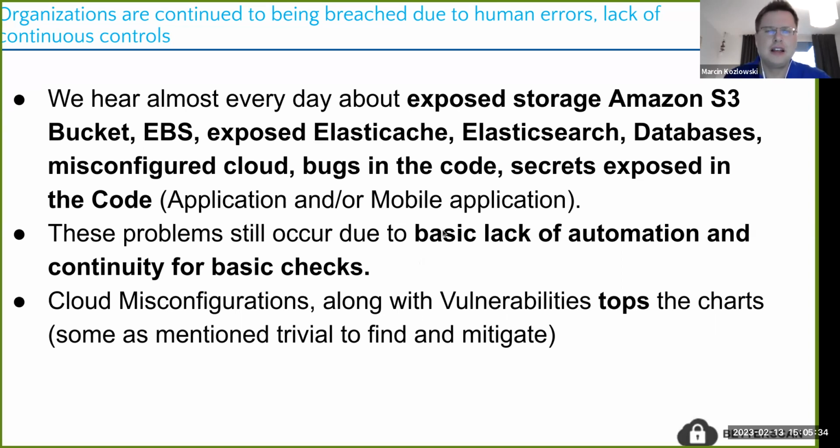I read a recent report from Gartner that almost 80%, with the trend up, of the breaches are caused by misconfigurations. So those problems very often occur due to a lack of basic automation and continuous checks for this stuff.